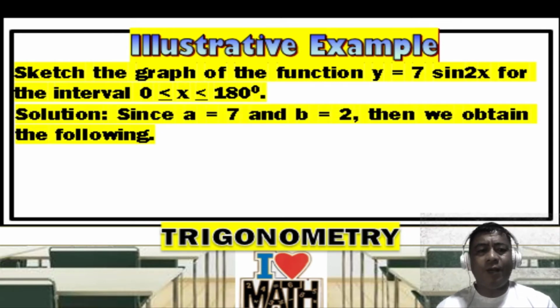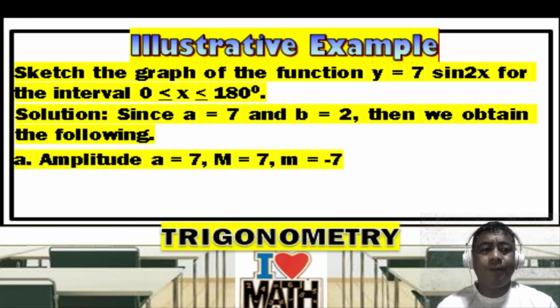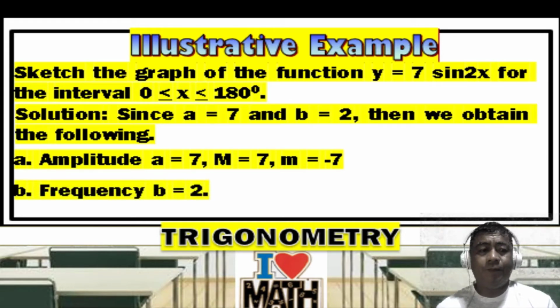Since a is equal to 7 and b equals 2, then we obtain the following. Amplitude a equals 7, wherein the maximum point is 7 and the minimum point is negative 7. The frequency b is equal to 2.